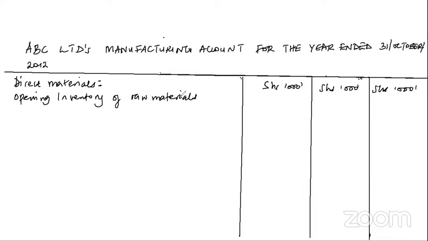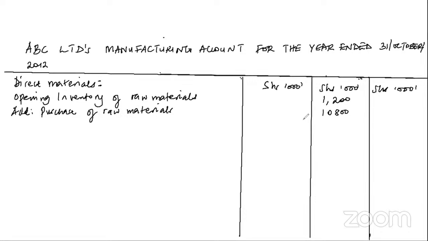According to our question, the opening inventory of raw materials is 1,200. So I'll get that. Then on this opening inventory, I'll have to add the purchases of raw materials, which is 10,800. So I'll have to add that.